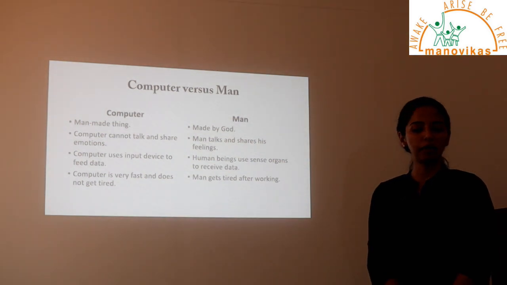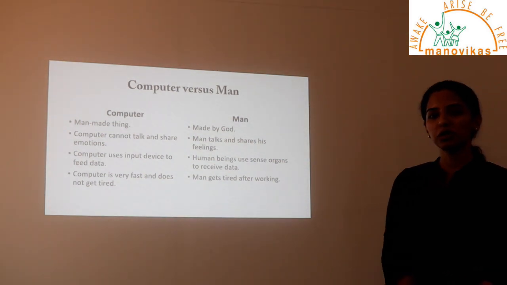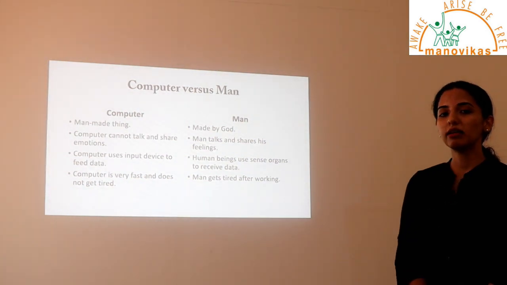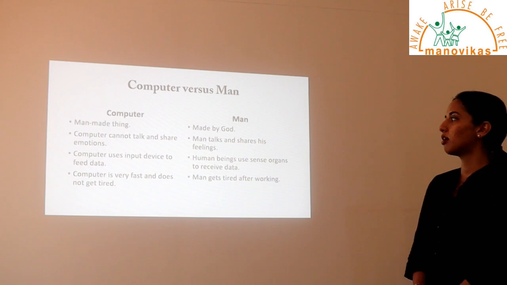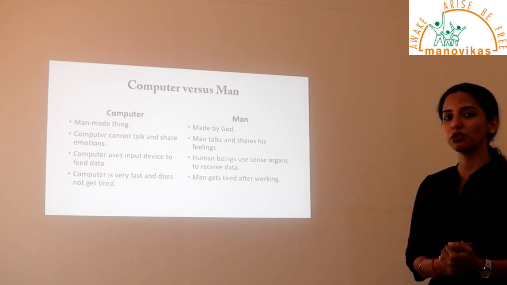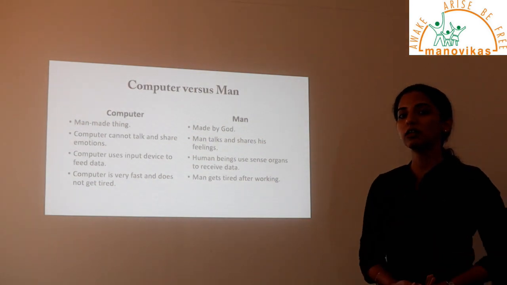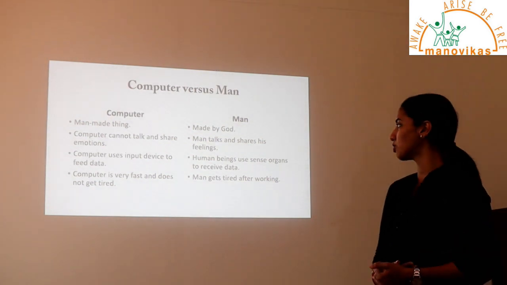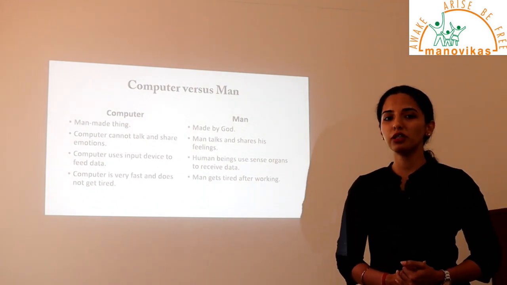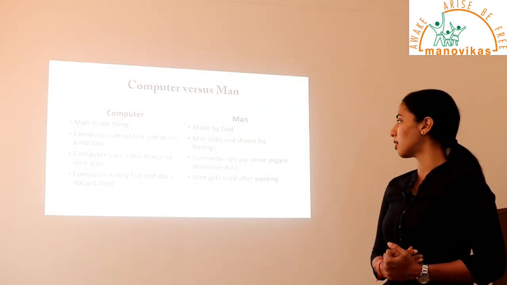Computer versus a man. Computer is a man-made object, whereas a man is made by God. Computer cannot talk or share its emotions. We can talk or share our emotions with each other. Computer uses input devices to enter data.